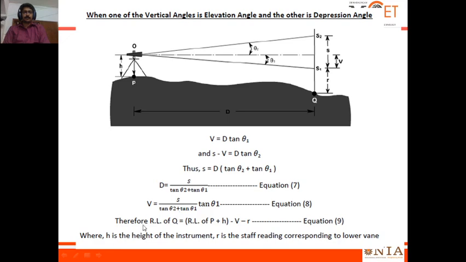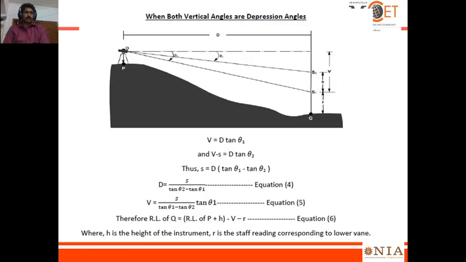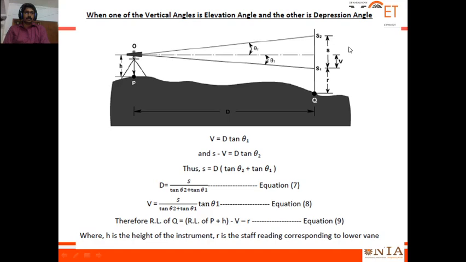So therefore R of Q can be obtained as R of P plus H minus V minus R. It looks similar to the depression case. The top portion is only for the calculation purpose, right? These are the three cases you have to remember.